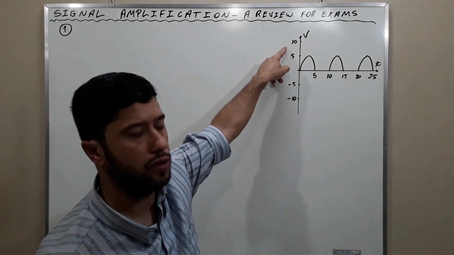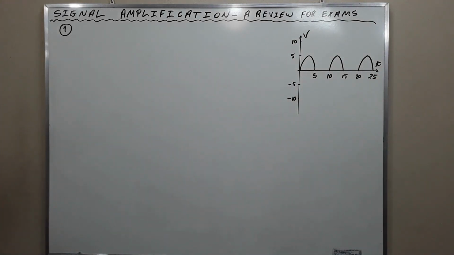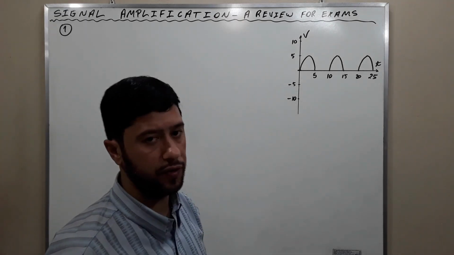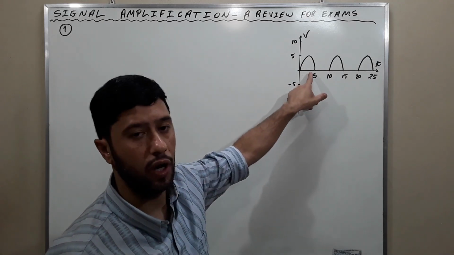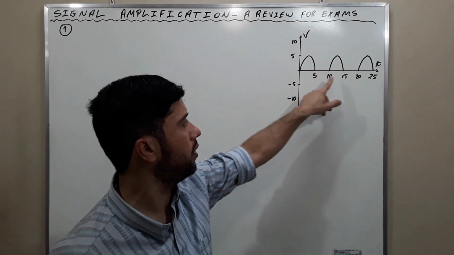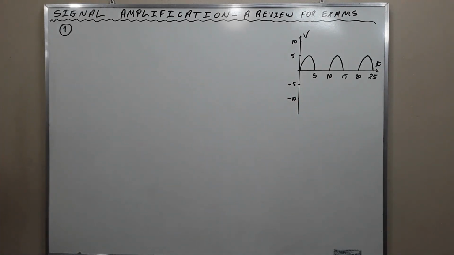This is in volts and this is in milliseconds. After amplification, the output voltage will be the same at these intervals, okay? After amplification, the magnitude of the output waveform will be the same here, here, and here as well. This is our first conclusion.